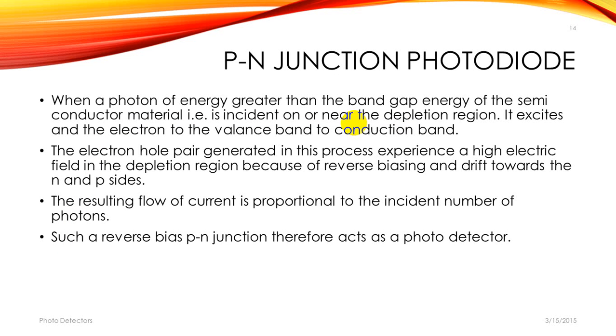These are the points I already mentioned. Here you can see when a photon of energy greater than the band gap energy of the semiconductor material is incident on or near the depletion region, it excites the electron from the valence band to the conduction band.